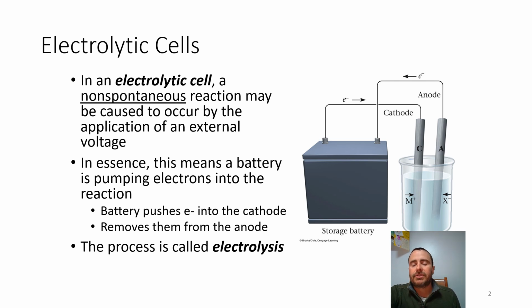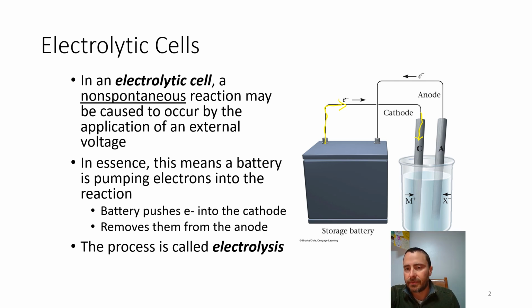If we look at our picture over here to the right, we have our battery. The anode part of our battery is going to pump electrons out, and those electrons are going to enter at the cathode part of our electrolytic cell, where they're going to be dipped into some sort of an aqueous solution.